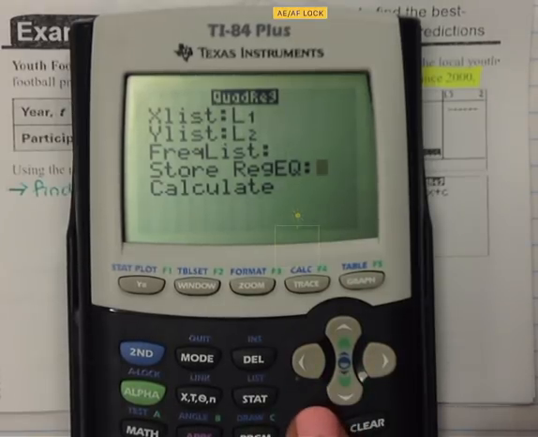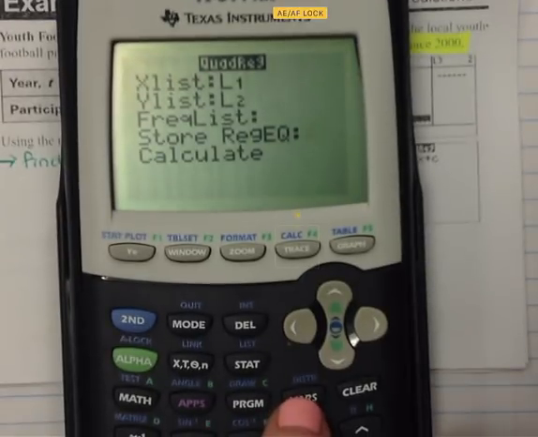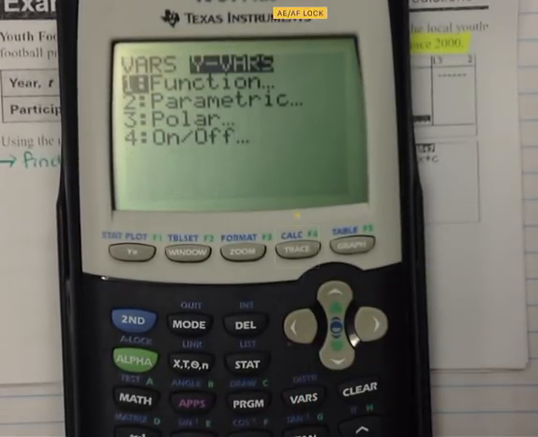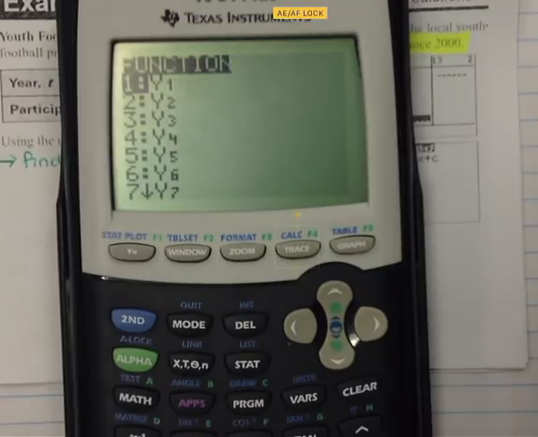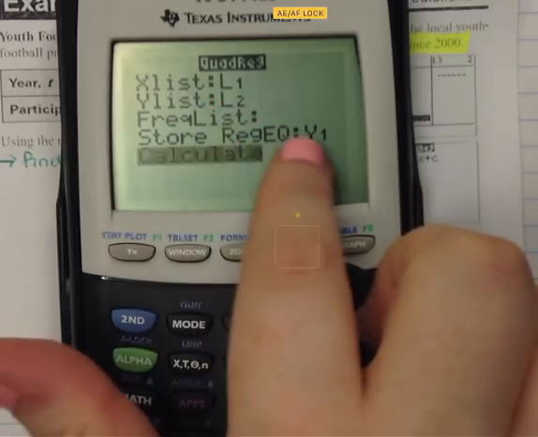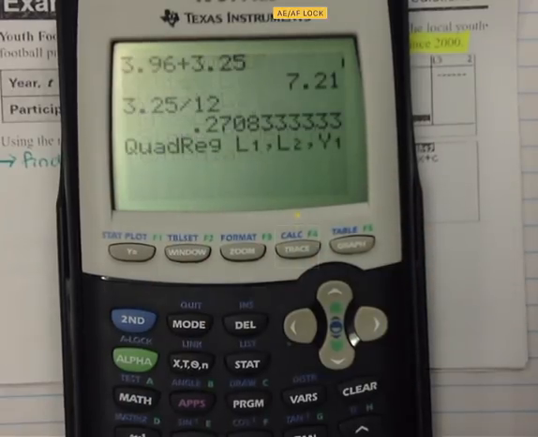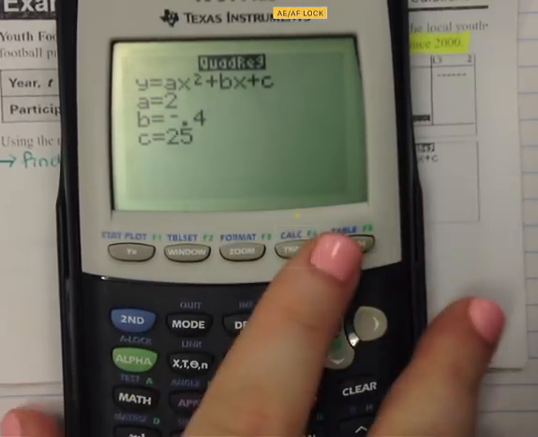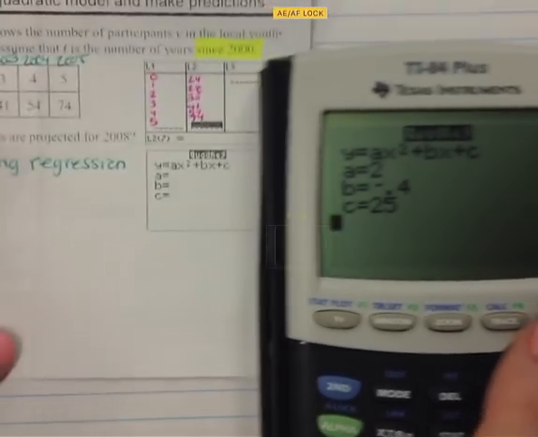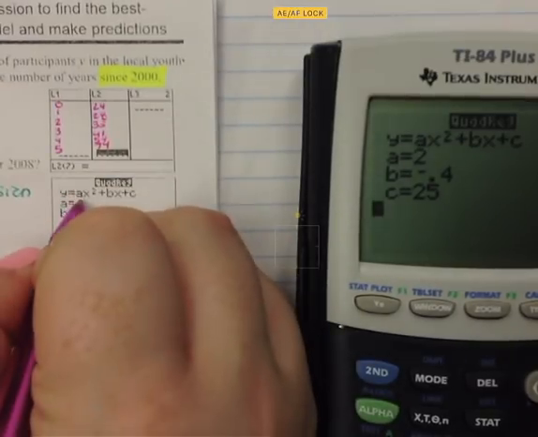I press the vars button. Vars. Go over to y vars. Enter on function. Enter on y1. I go down to calculate. Now that I have L1, L2, y1, I can go to calculate. Press enter. Here's our equation. So our A value is 2. So come up here and put 2.